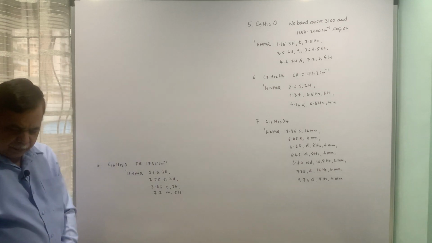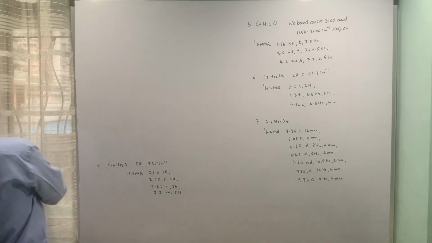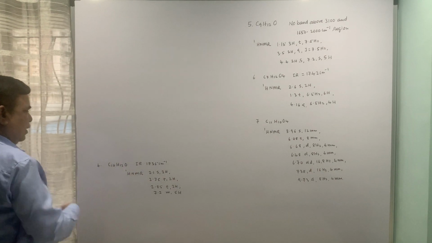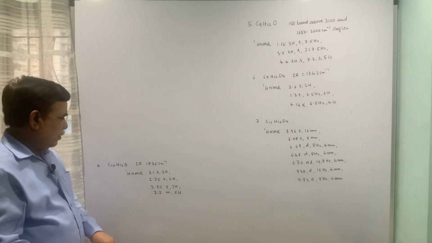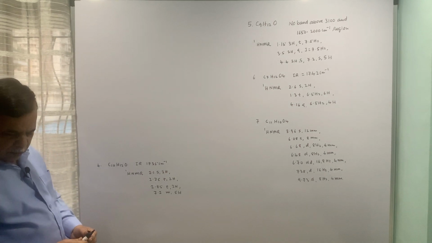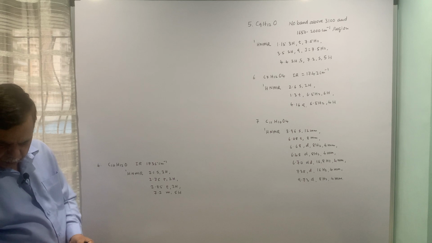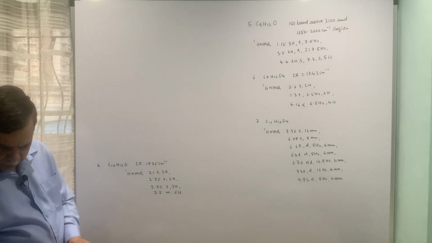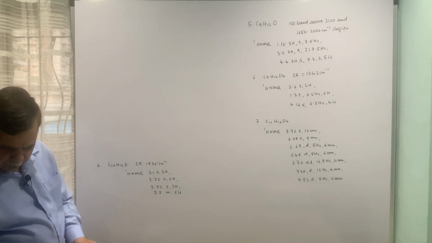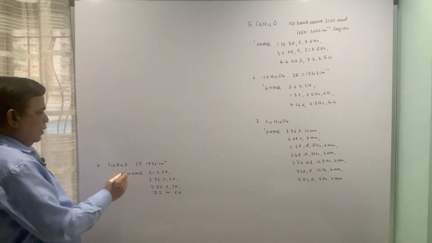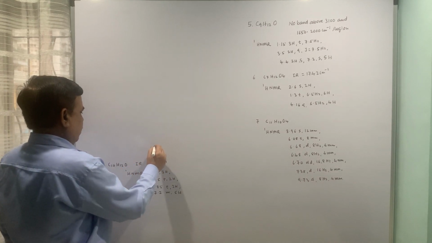Now the next example, that is C10H12O. This is probably an ester.